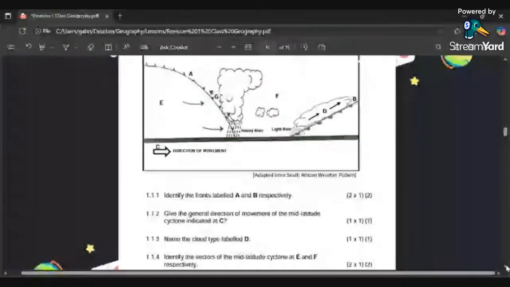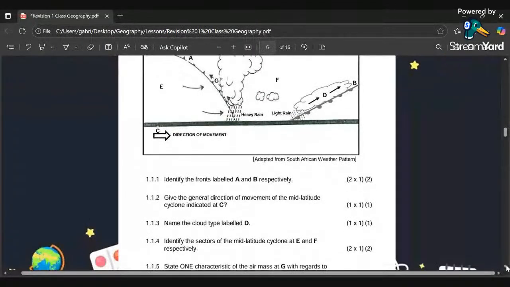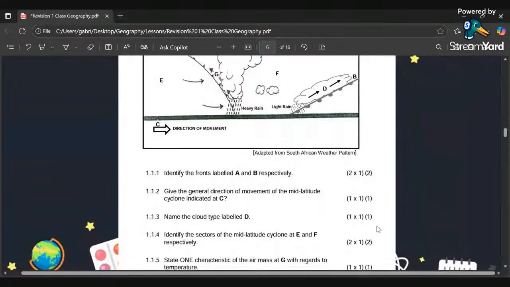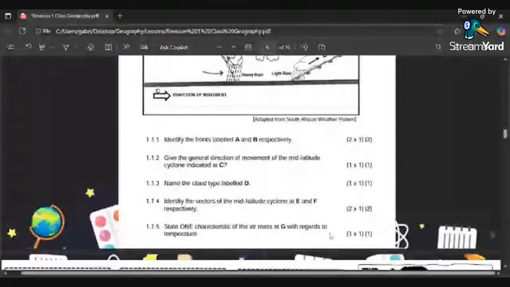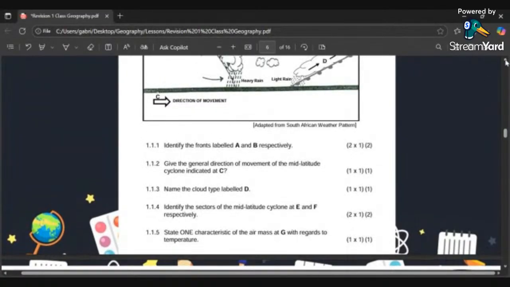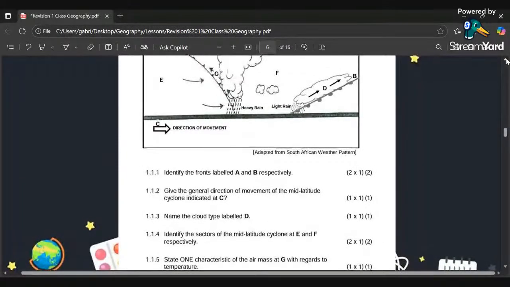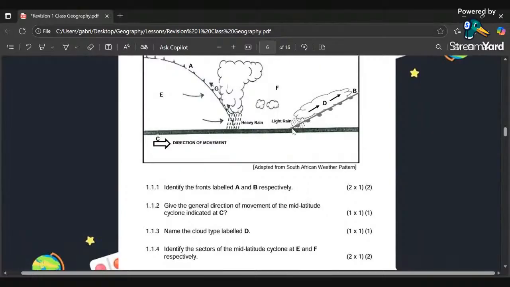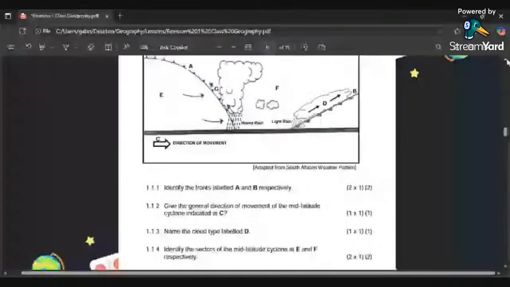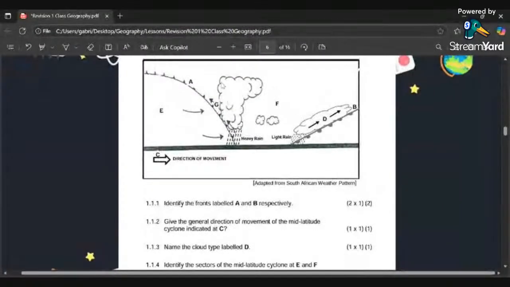It says 1.1.5, state one characteristic of the air mass at G with regards to temperature. So let's see what happens at G. As you can see, G is in the warm sector.